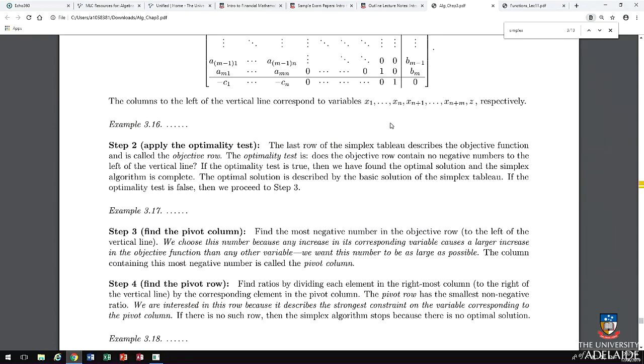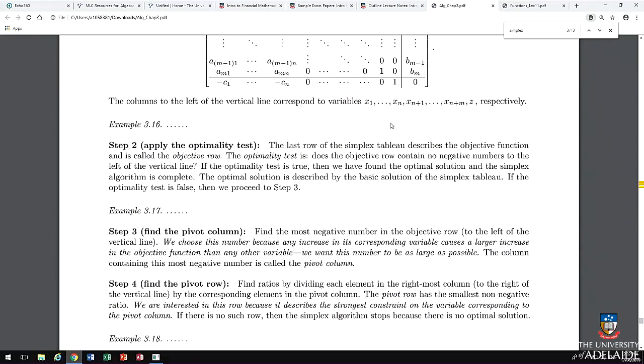So this says that if there's no negative numbers over here, then we have found the optimal solution and the simplex algorithm is complete. Okay, cool. Which is not, because I've got some negative numbers.